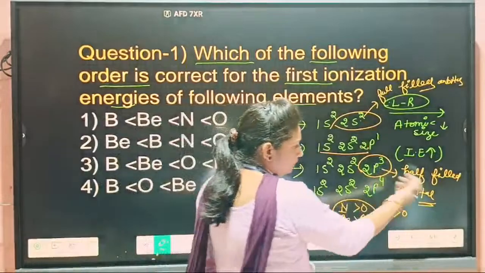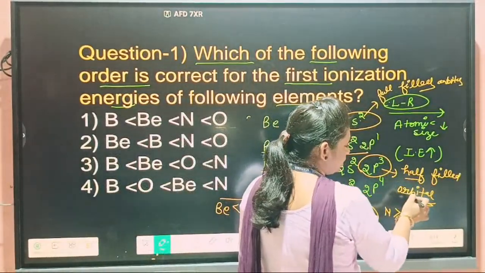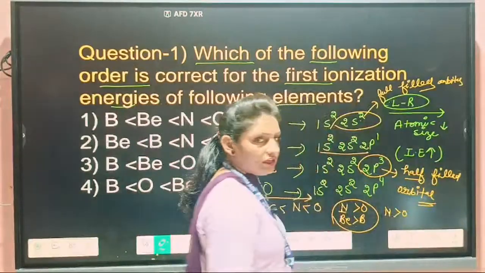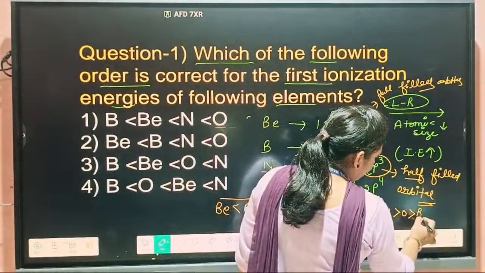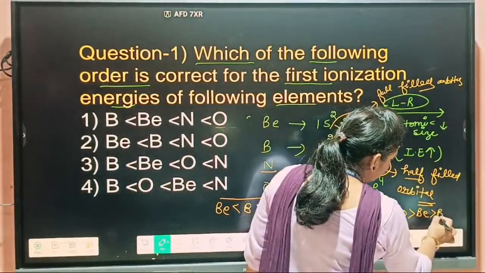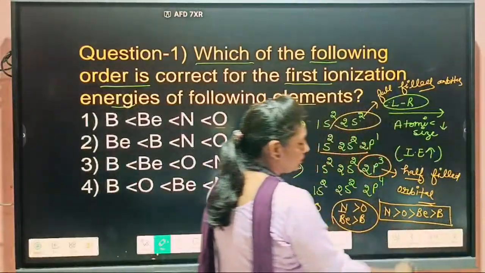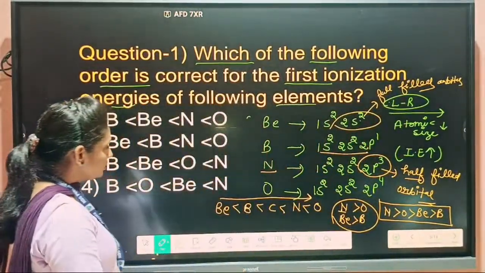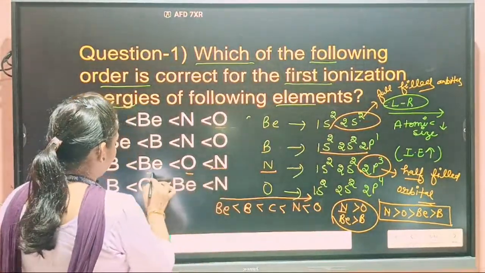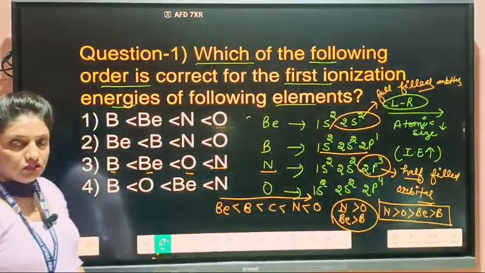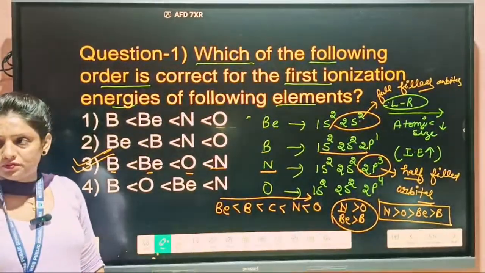But due to some exception and the stable configuration, nitrogen has more ionization enthalpy than oxygen, then beryllium and then boron. So we will see the option in which this order is given: nitrogen maximum, then oxygen, then beryllium and then boron. So option number 3 is the correct option.